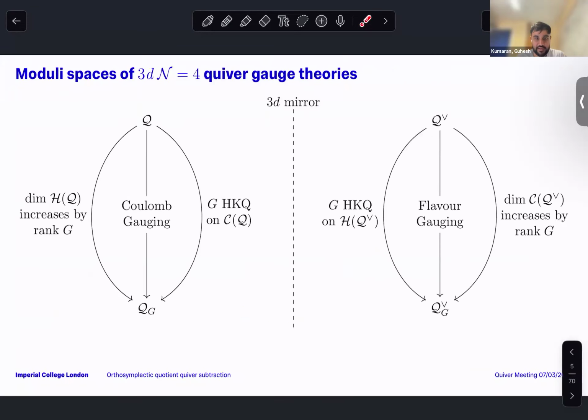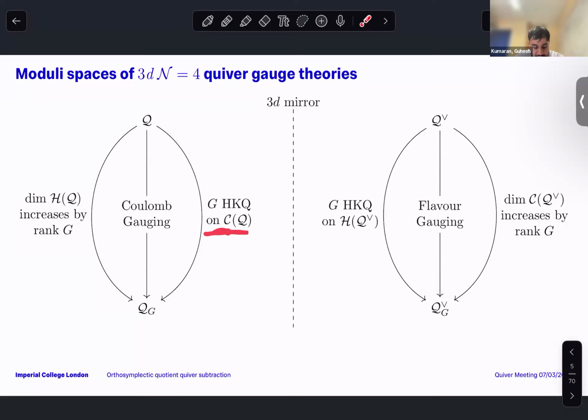So here's how. If I start with a quiver gauge theory Q, and it has a mirror Q check, gauging the Coulomb branch global symmetry is precisely dual to flavor gauging if I look inside this 3D mirror. So this is the image. It's literally, this diagram is reflected on both sides.